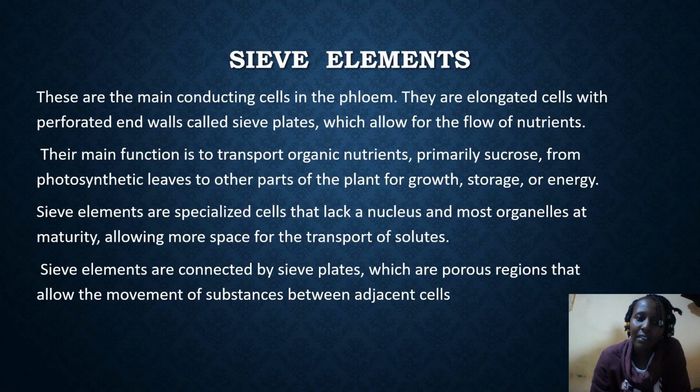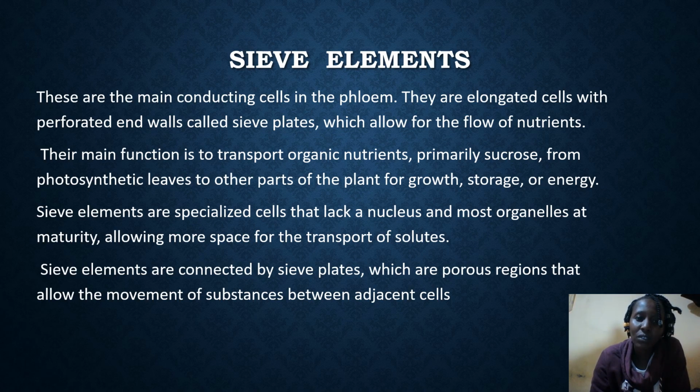Sieve tube elements are the main conducting cells in the phloem. They are elongated cells with perforated end walls called sieve plates, which allow for the flow of nutrients.